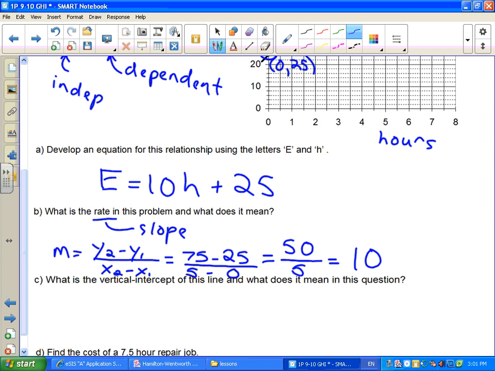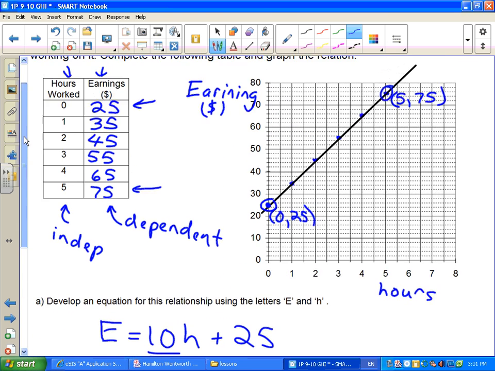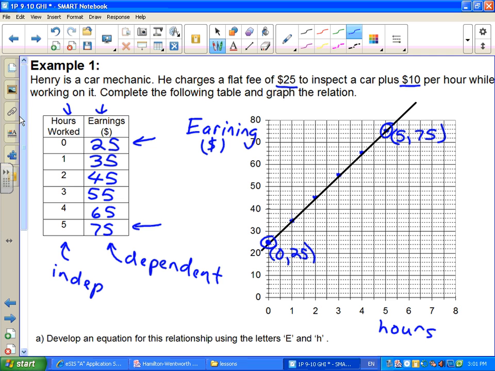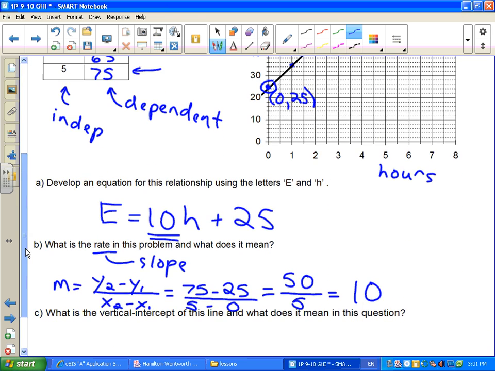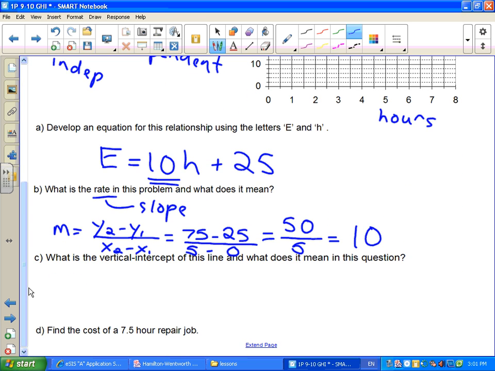So my slope, or my rate, is 10. Now, we've seen this number 10 in this question before. Okay? It appears right here in our equation. And if we go back up to the original question, we can see that he charges $10 per hour while working on the car. And that's what the slope represents in this case. It represents how much he charges per hour. So let's say that this is the cost per hour.